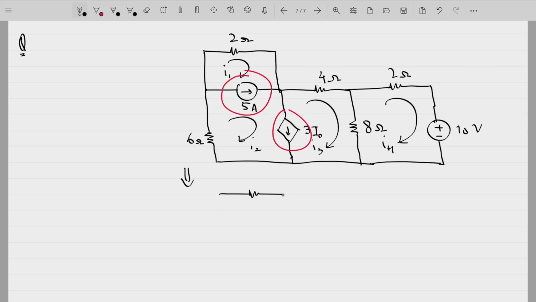So the super mesh will look something like this. So this now becomes open here. This also is open.